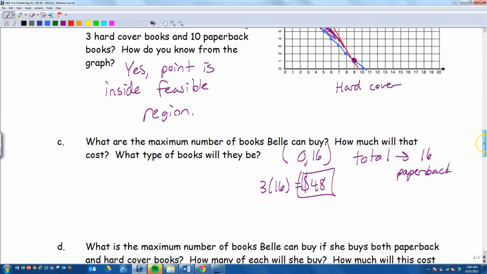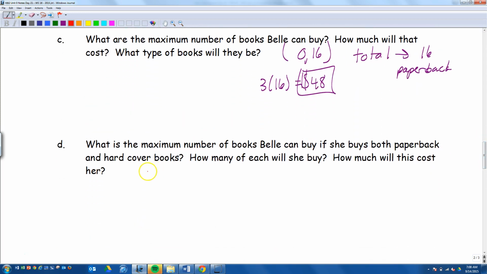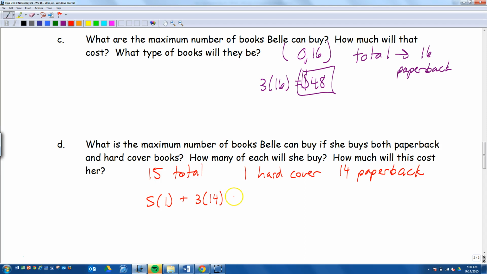So it looks like she can buy 15 total, 1 hardcover, and 14 paperback. And if she does that, how much will she spend? She'll spend $5 for the hardcover and 3 times 14 for the paperback, which gives you $47. So that is the final total.